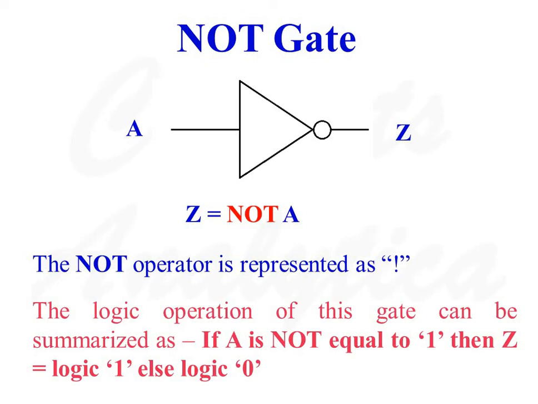So we can relate output and input logically as Z is equal to NOT A. The logic operation of this gate can be summarized as, if A is not equal to 1, then Z is equal to logic 1. Else, Z is equal to logic 0.